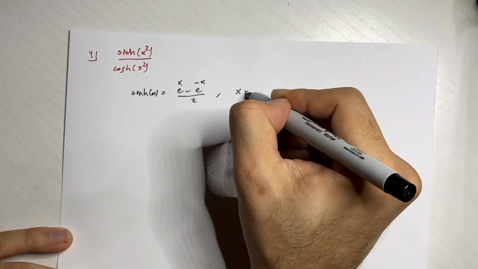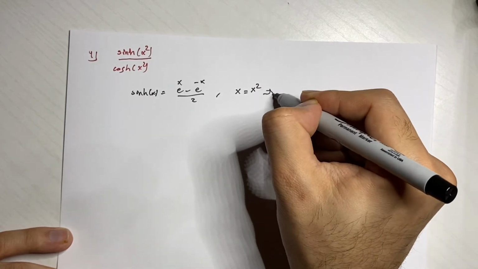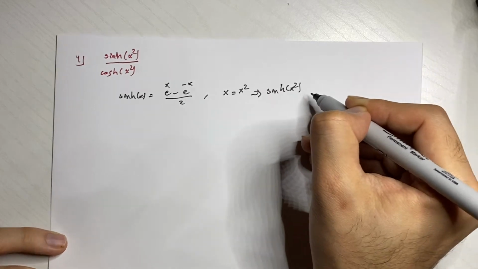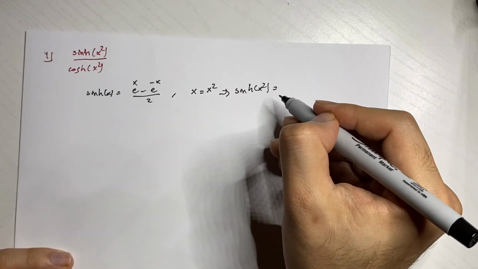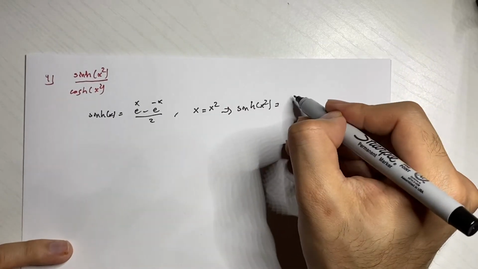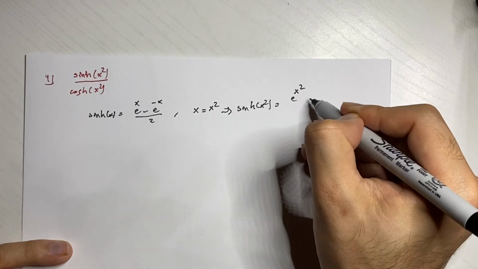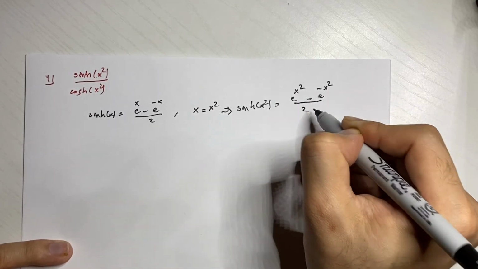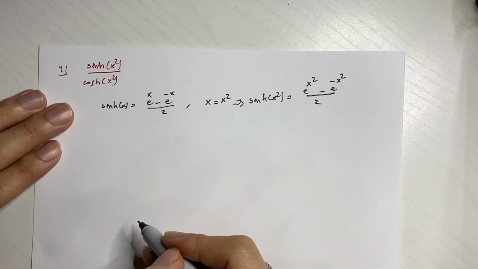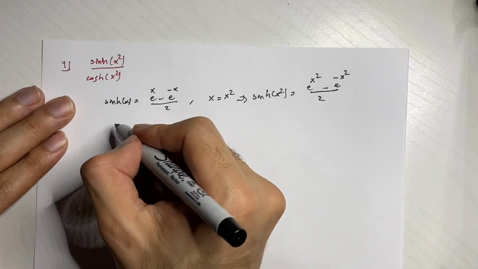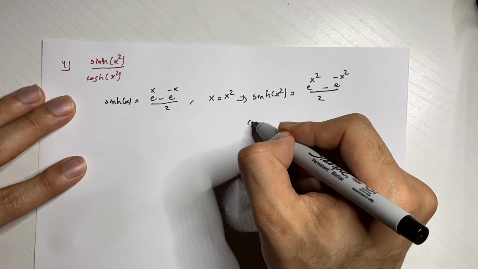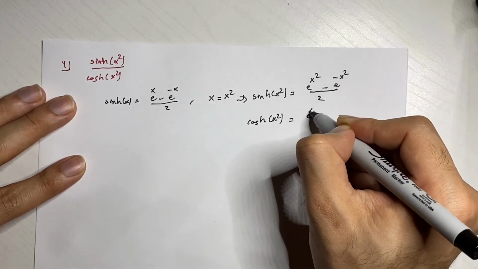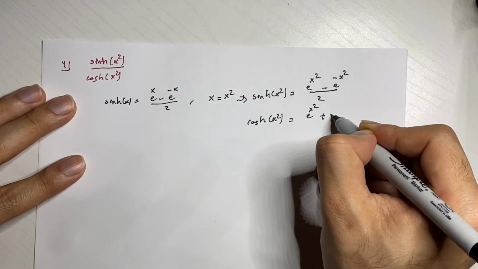Here sinh of x squared, we're going to write that in terms of e to the x squared: e to the x squared minus e to the negative x squared, over 2. And then the same thing for cosh of x squared: e to the x squared plus e to the negative x squared, over 2.